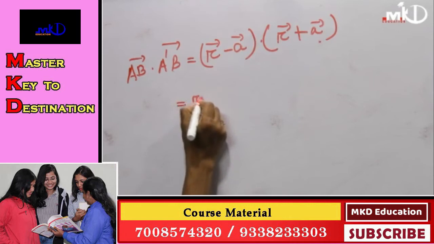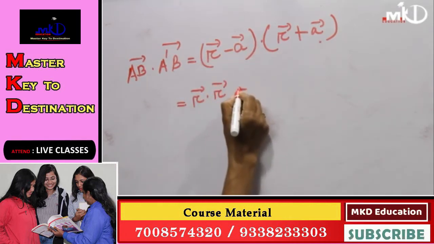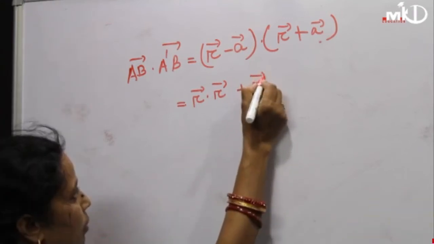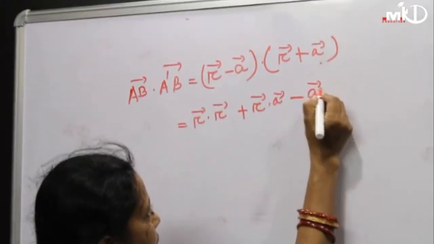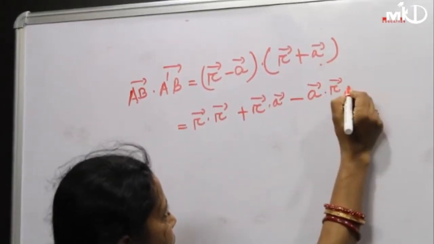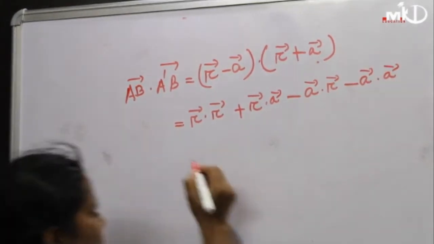So now we find the dot product: R bar dot R bar plus R bar dot A bar minus A bar dot R bar minus A bar dot A bar.